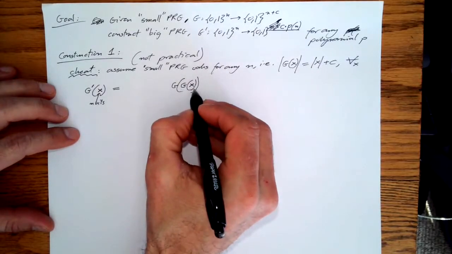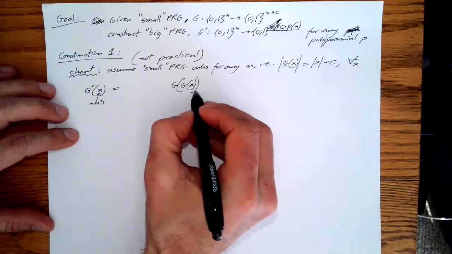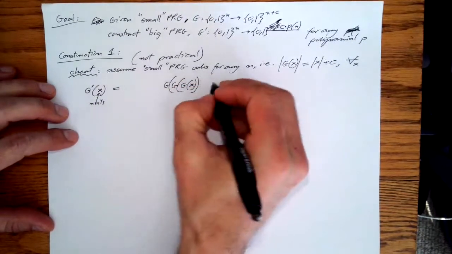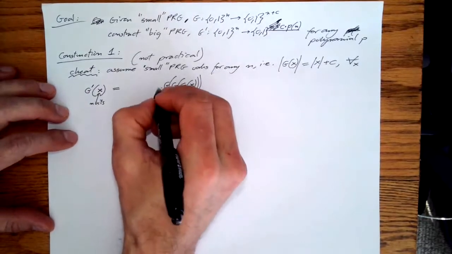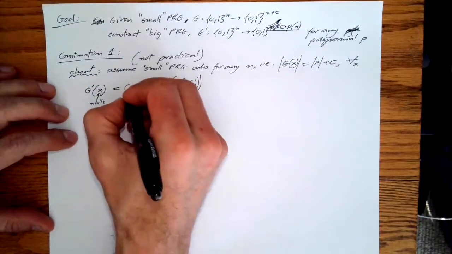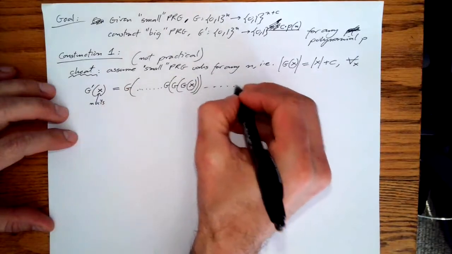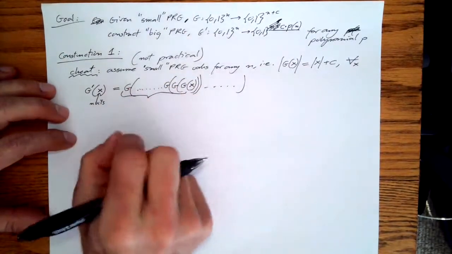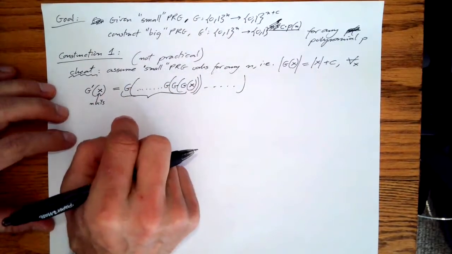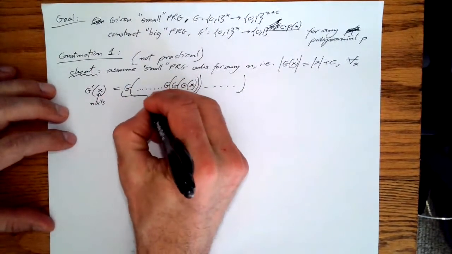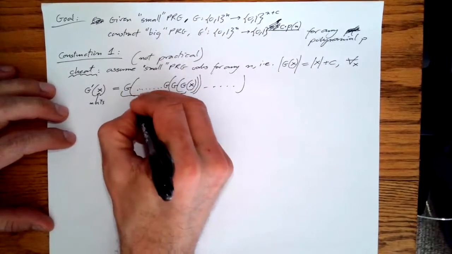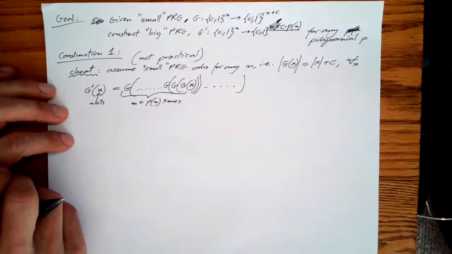So the input has n plus c, so the output has n plus 2c. So let's run G on that output, and so on. And how many times do we run G in this pyramid? P of n times. Let's call it M.